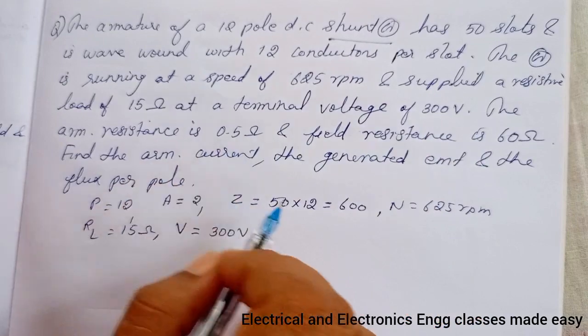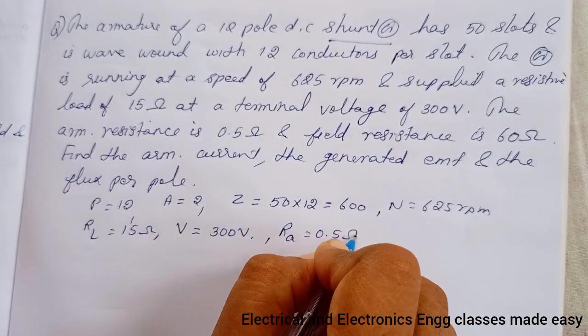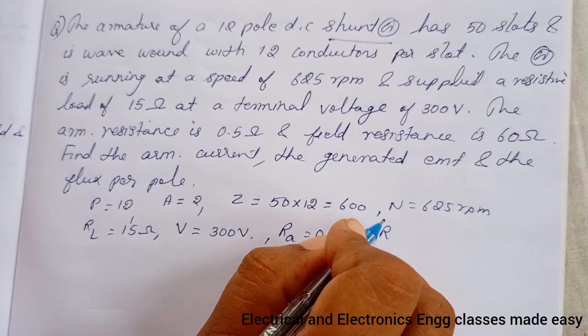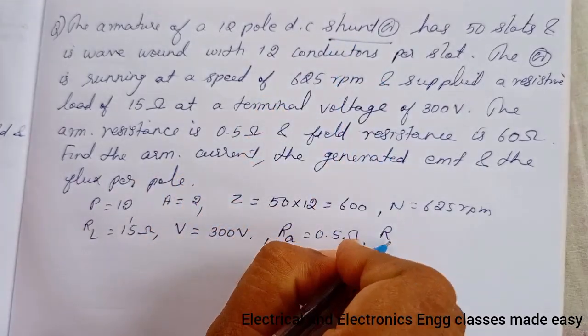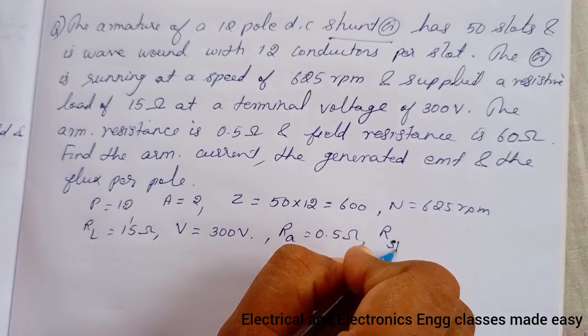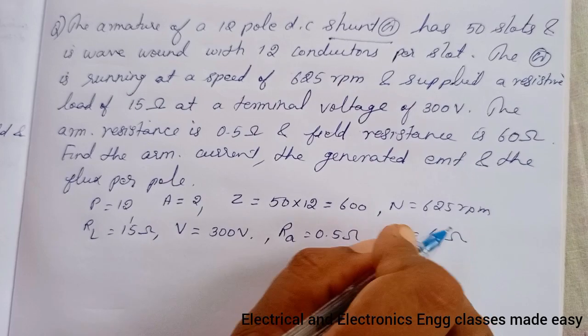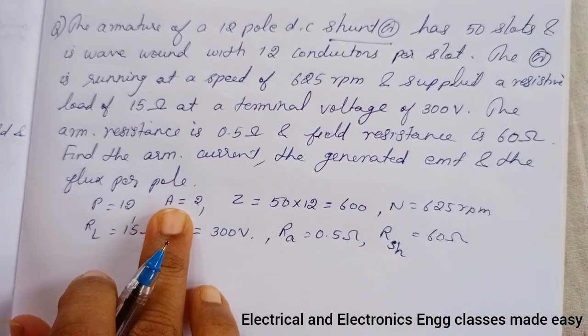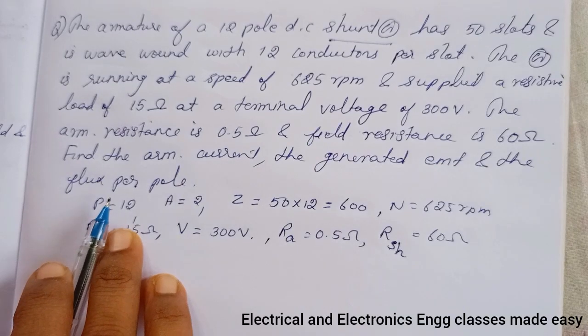Then armature resistance is 0.5 ohm and field resistance. So this is a shunt generator, so here it is RSH, and RSH is 60 ohm. Then we have to find armature current, generated EMF and the flux per pole.